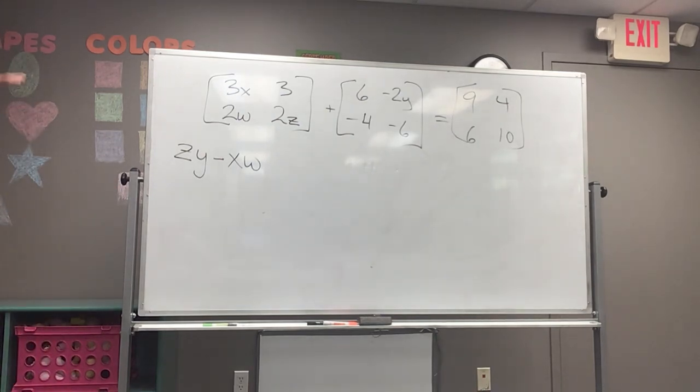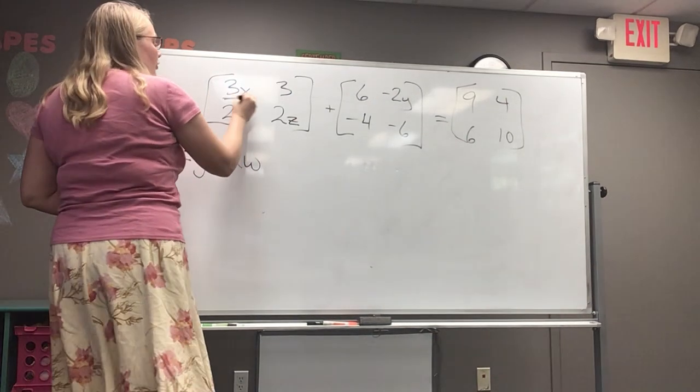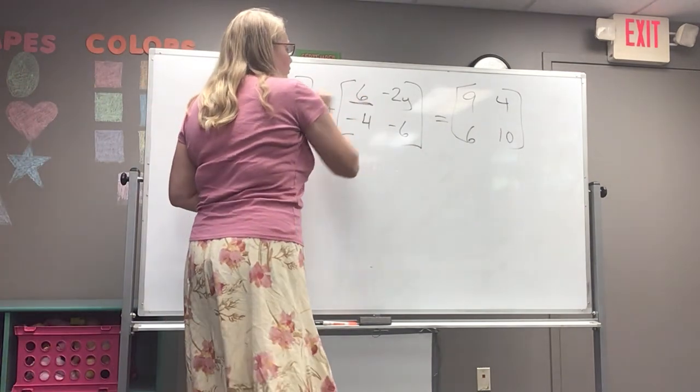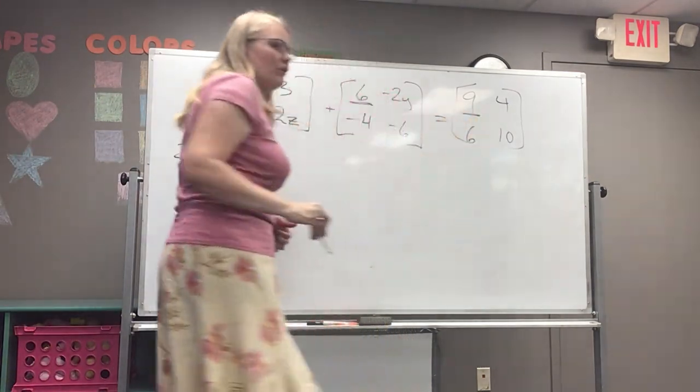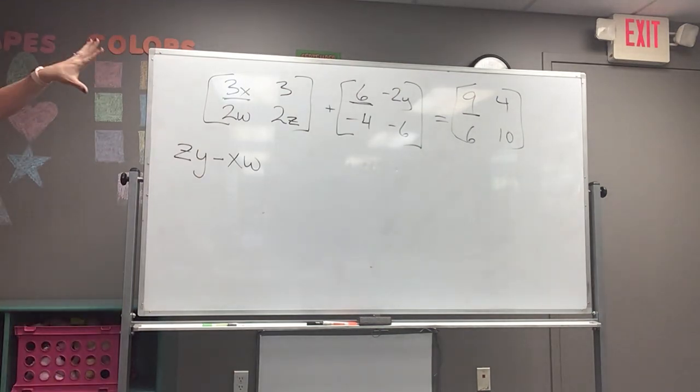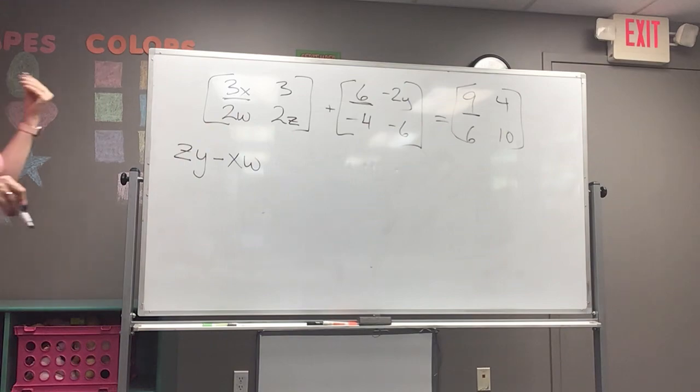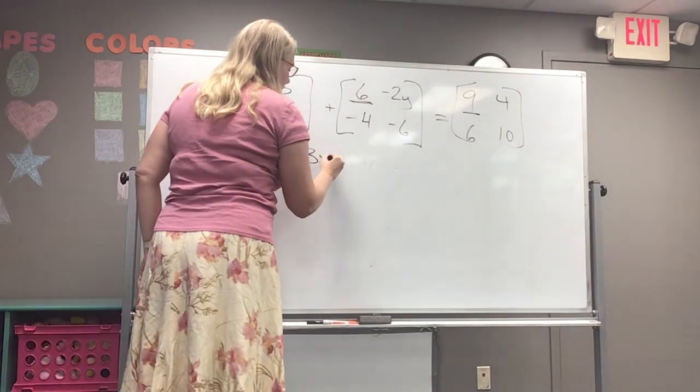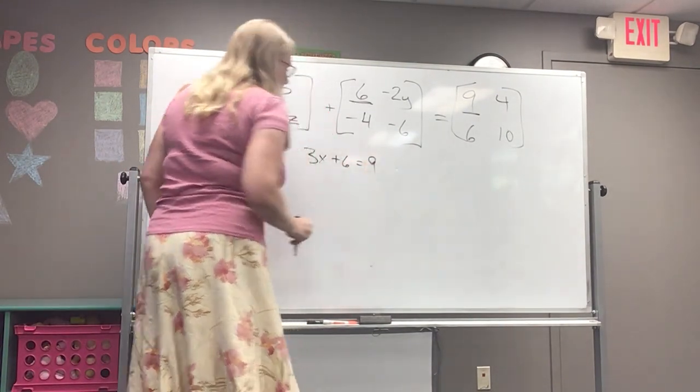How do we find x? Yes, focus in on the single element. This first row, first column, plus first row, first column, equals first row, first column. There are 4 different equations going on right here, and you just have to work with each of them. So 3x plus 6 equals 9.